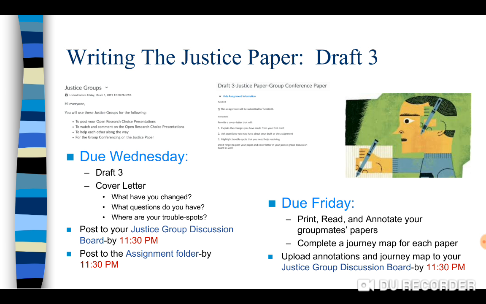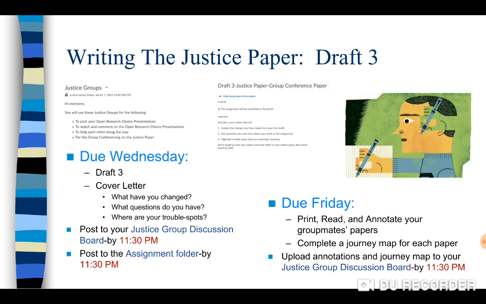So you will then need to scan and upload your annotated copies of their paper as well as their journey mapped out, and you will just reply on the discussion board to their initial post and include your annotations and your help as well as your journey graphic. Then, if I were you, please refer back between now and when the paper is actually due.